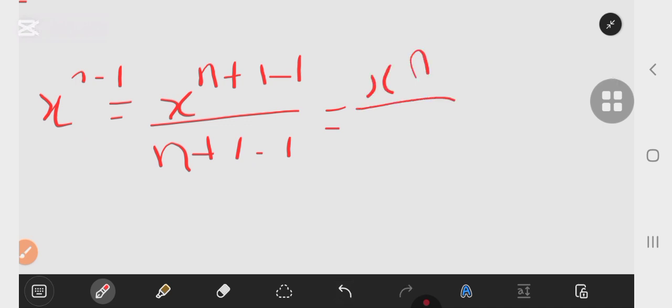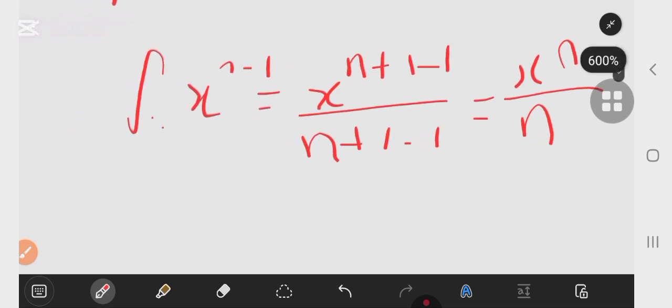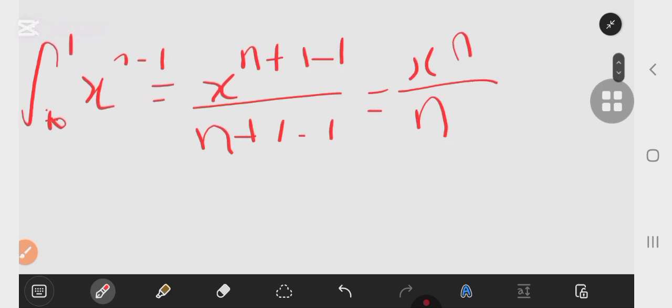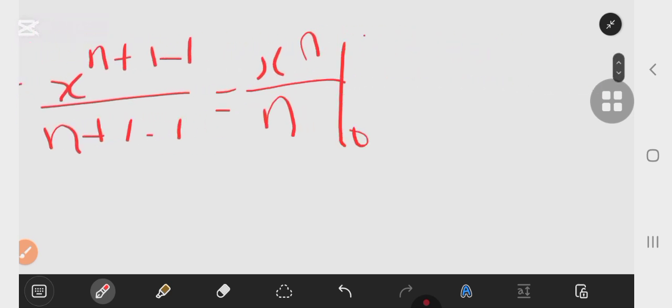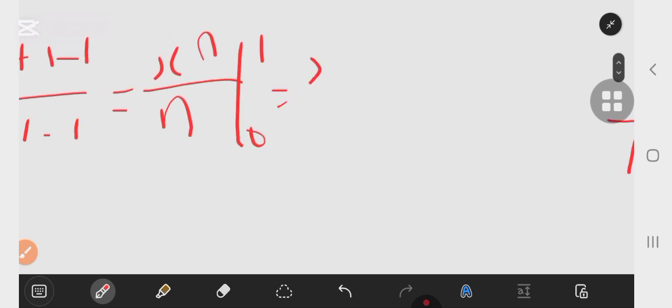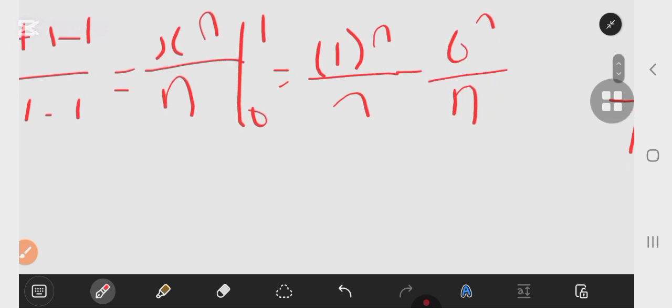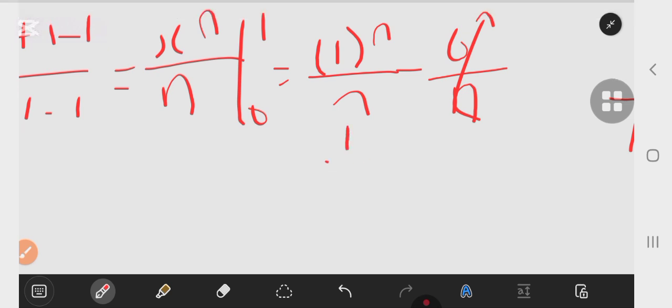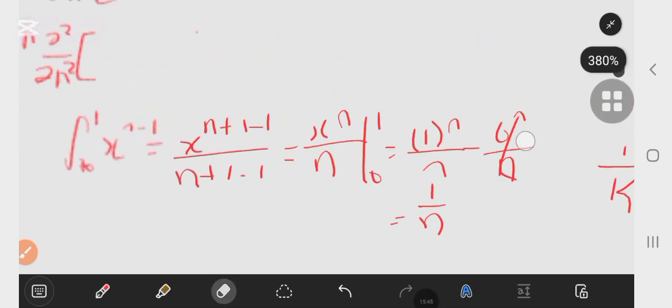My integral is from 0 to 1, so evaluated from 0 to 1, replacing x with 1 I get 1 to the power n over n minus 0 to the power n over n. So this is 0. I'm left with 1 over n as the result of the integral.